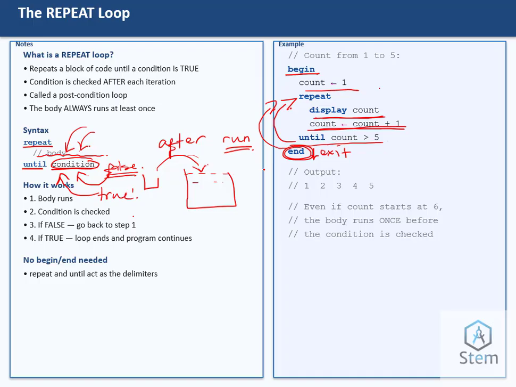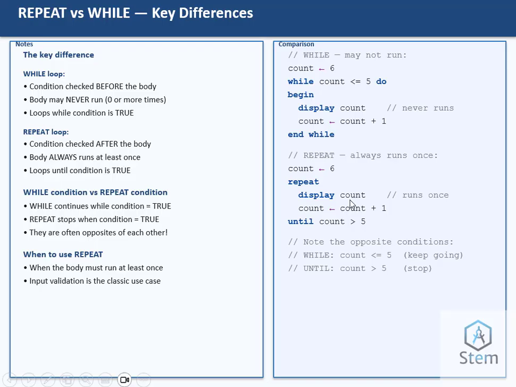That is the repeat loop. It's that simple. I'll share some more work on the repeat loop. Feel free to pause the video and try to see what is going on.